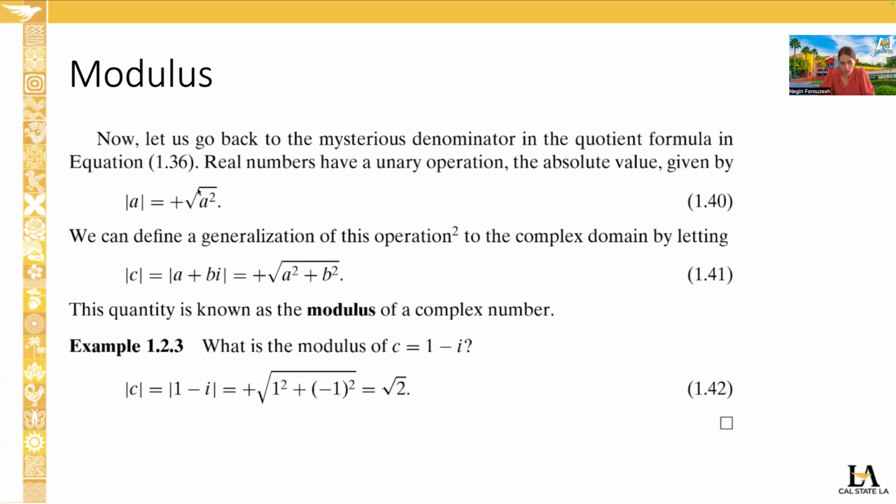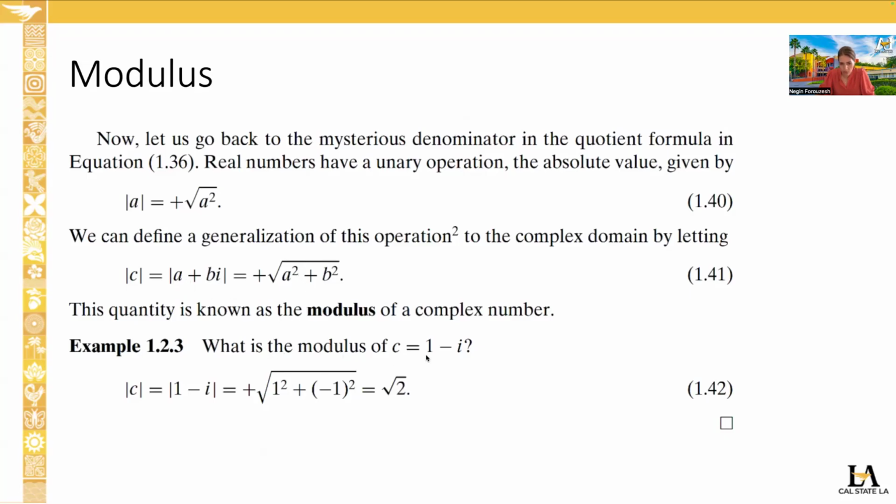So it's going to be the square root of a squared, and we are dealing with the positive part of it, right? Because it's absolute value. So if you want to find the absolute value of a complex number, in this case, you just extend that definition, right? So you find a squared plus b squared, and that's it.